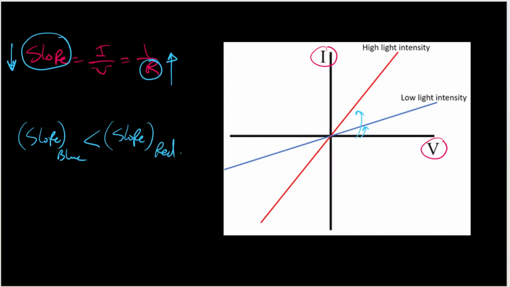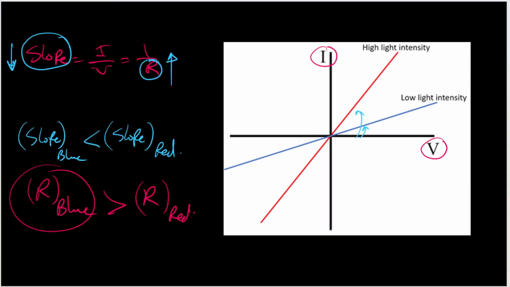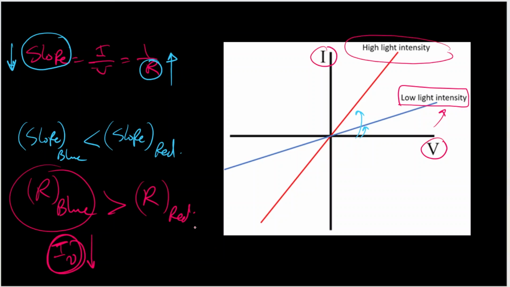This means that the resistance of the blue line is more than the resistance of the red line. Since the resistance is high, the intensity of light is low. So the intensity of light in the case of the blue one is low, but here we have high light intensity.